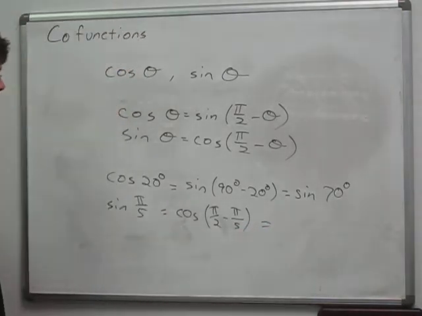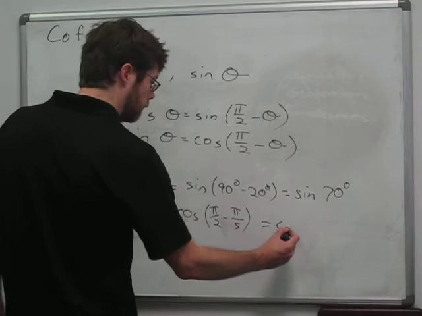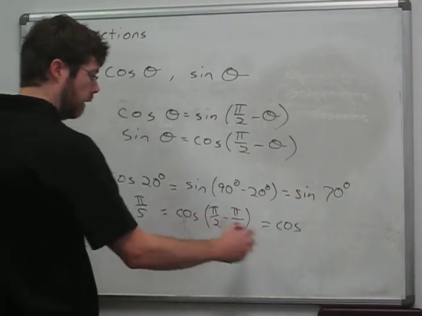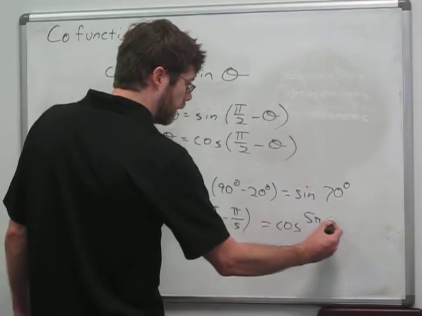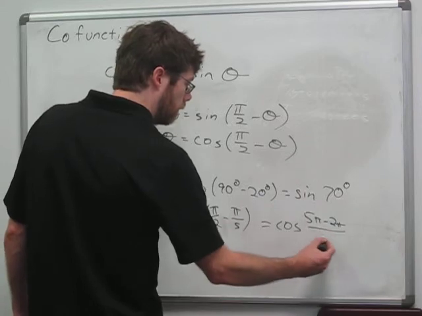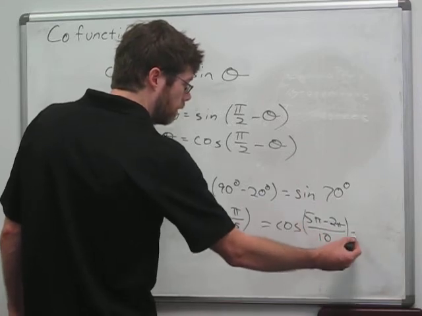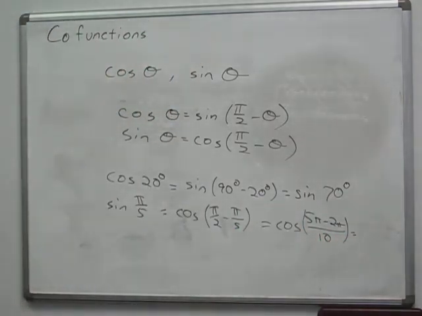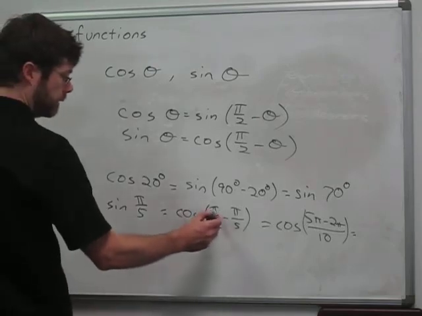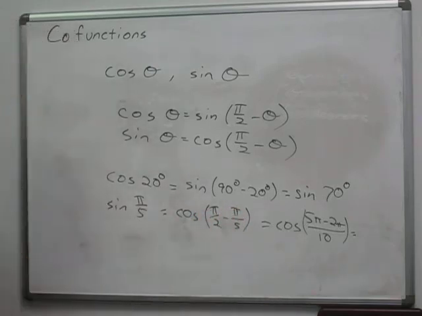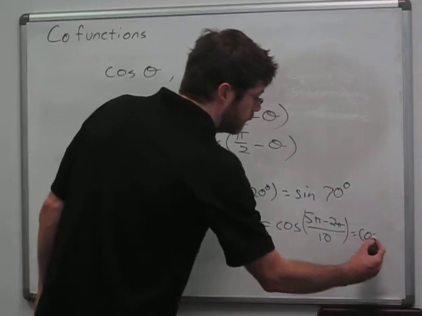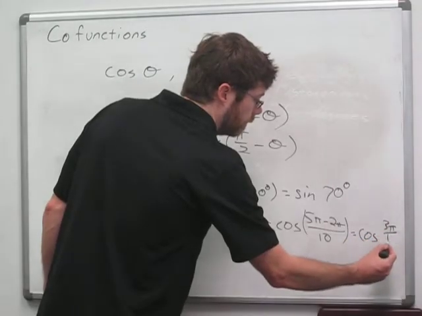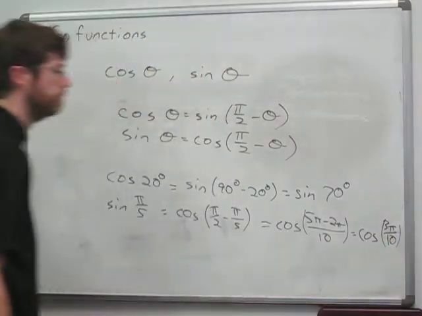Working on common denominators here, this is going to be the cosine of 5 pi minus 2 pi over 10, right? 5 times the pi minus 2 times this pi over the product of the denominators, and that's just the cosine of 3 pi over 10.